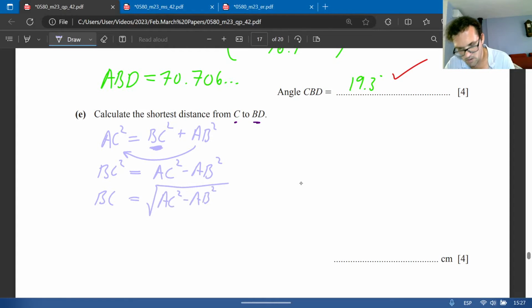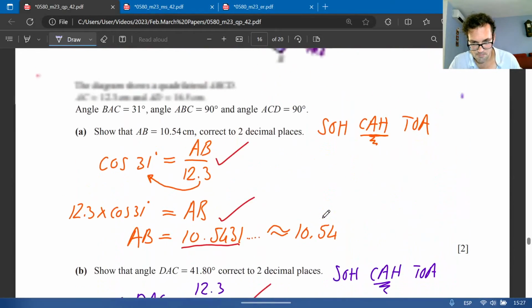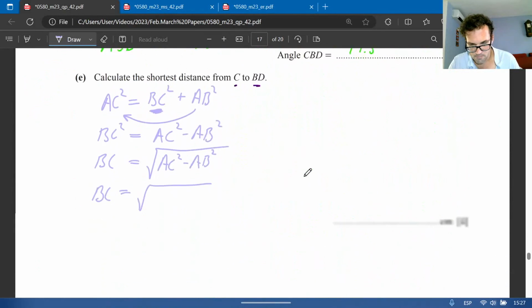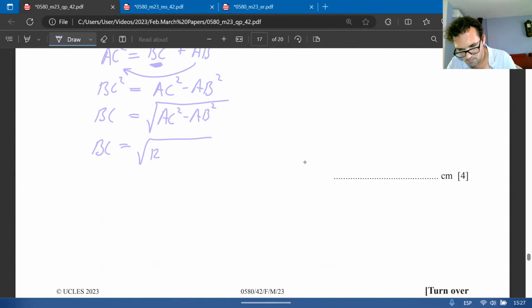Remember, when you're using Pythagoras and you work out something that's not the hypotenuse, you always subtract from the hypotenuse. So BC will be, what's AC again? 12.3 squared minus 10.54 squared.